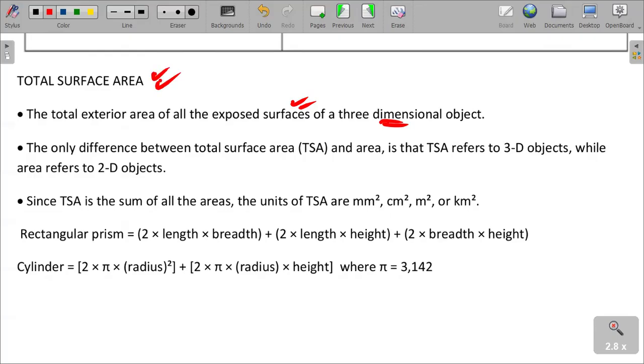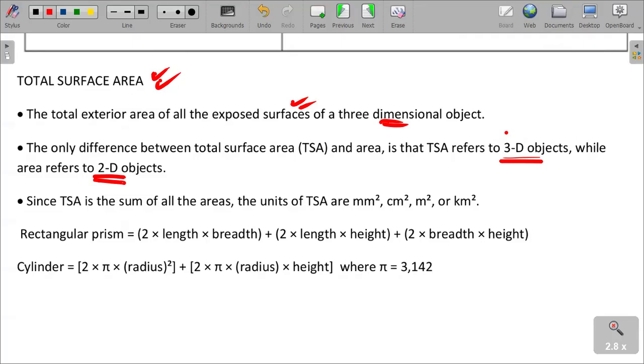The only difference between total surface area and area is that total surface area refers to 3D objects, while if you are looking at area, it works only on two-dimensional objects. That is where we see the difference between area and total surface area.